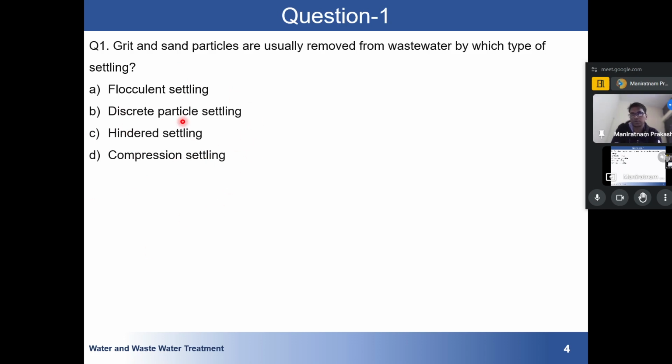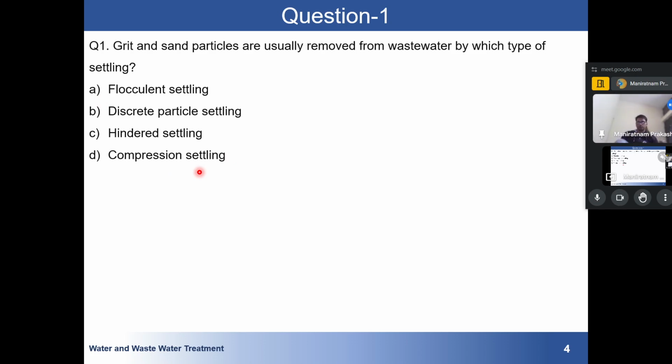When we talk about discrete settling, hindered settling, compression settling, we generally talk about wastewater treatment only. So by default, you should understand that they are talking about wastewater.